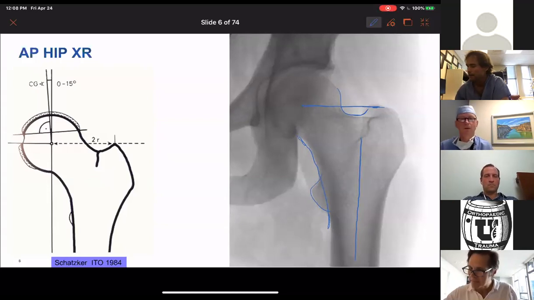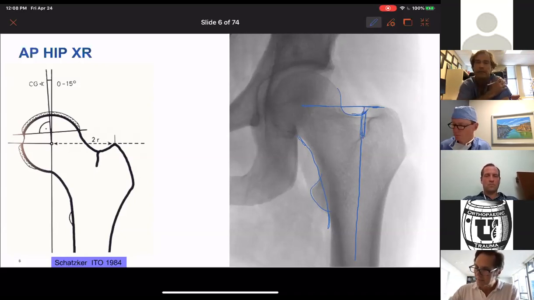And lastly, I would say on a true AP x-ray, you've got very little overlap with the greater trochanter and the neck itself. And so as you get more and more overlap of the greater trochanter and the neck, you are either seeing a displacement of the greater trochanter or you're seeing a rotation of the proximal femur. And we're going to go over that in a little bit more detail in just a second.